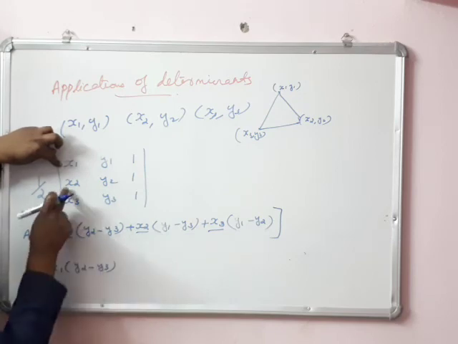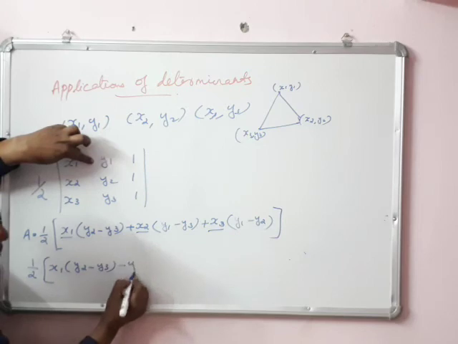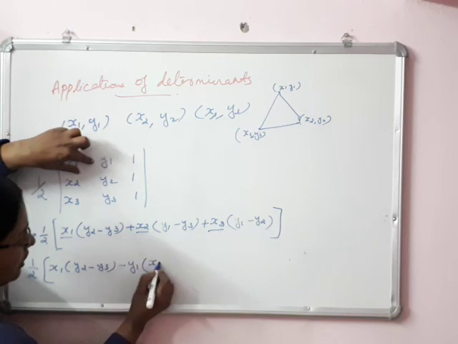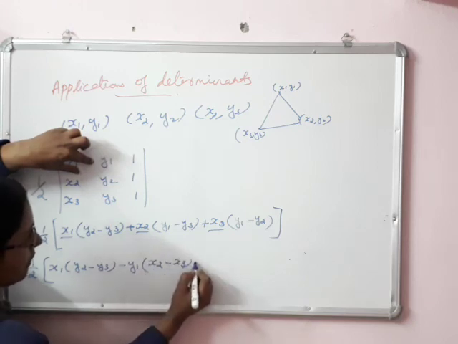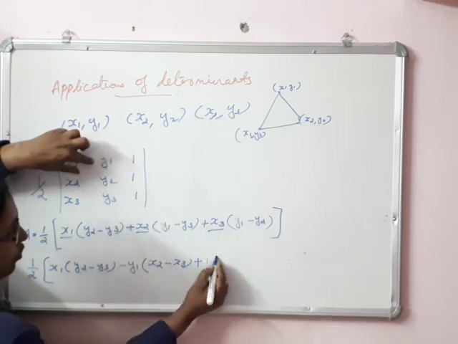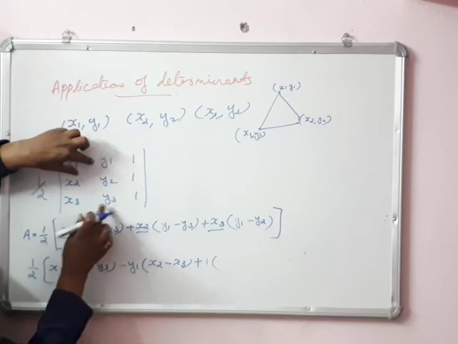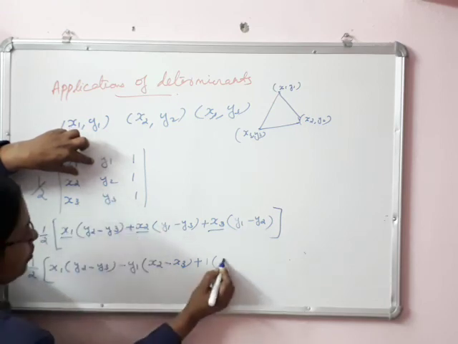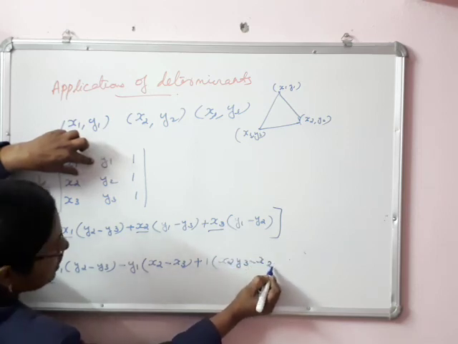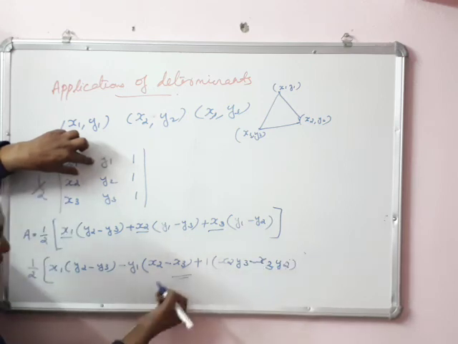Then instead of x2 we select y1, so it is minus y1 into x2 minus x3, plus or minus as appropriate. Then 1 into x2 y3 minus x3 y2. This is the formula for finding the area of a triangular field.